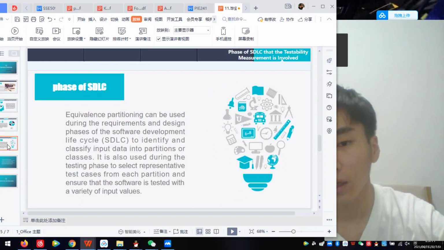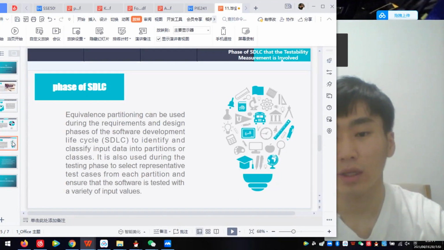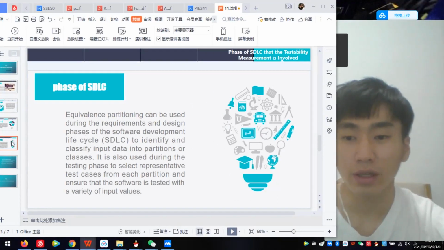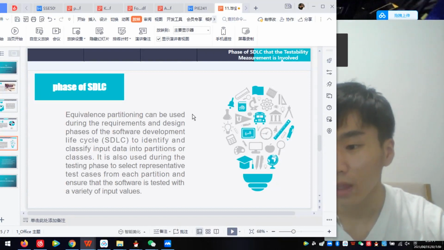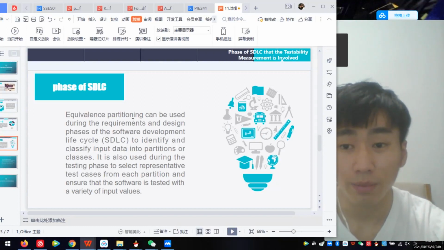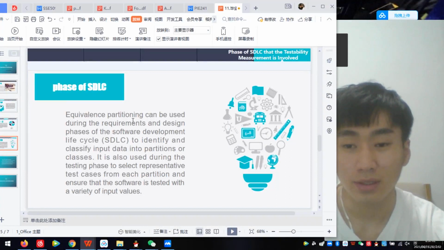Let's go on to the final part, which is the phase of the SDLC. Equivalence partitioning can be used during the requirements and the design phase of the software development life cycle, meaning SDLC, to identify and classify input data into partitions or classes.